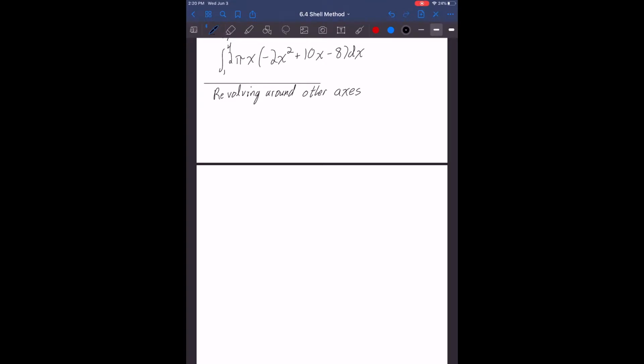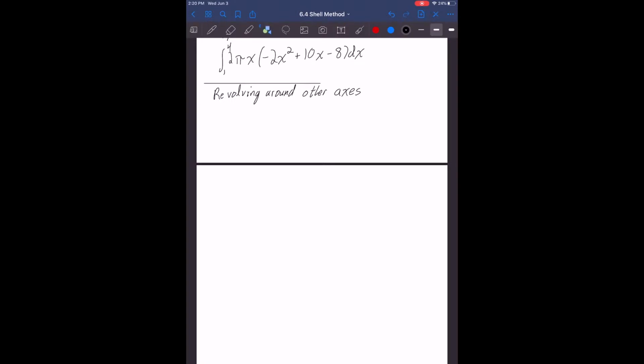So in the washer method, the big thing that changed is now we were talking about the height changing of our cylinders. In this case, we're going to be talking about our radius changing.